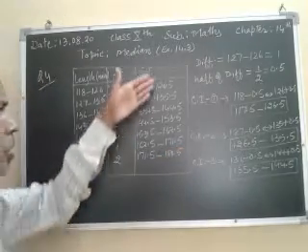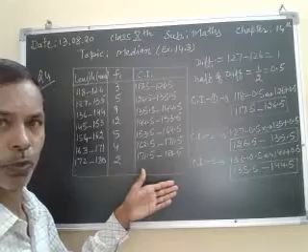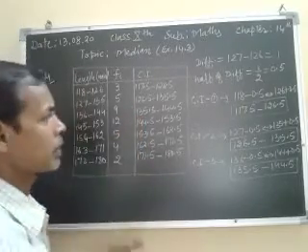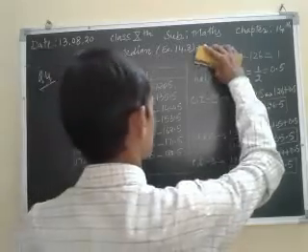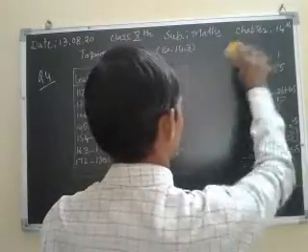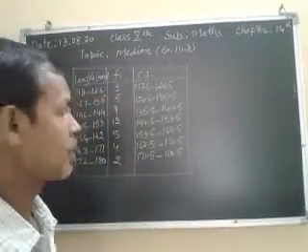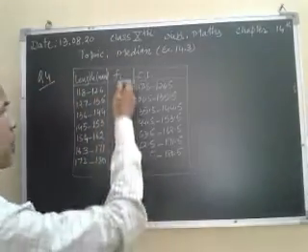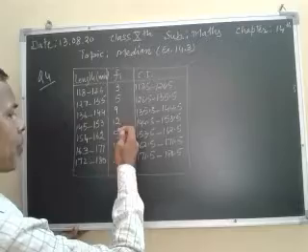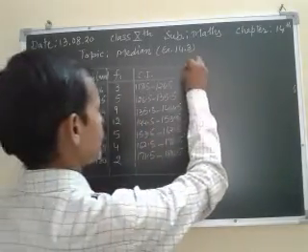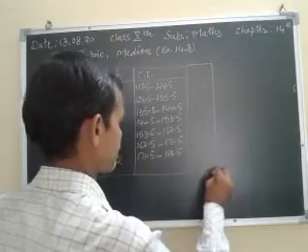First we have to find the class intervals. The frequencies are 3, 5, 9, 12, 5, 4, 2. There is no change in the frequency, but we have to find the cumulative frequency.